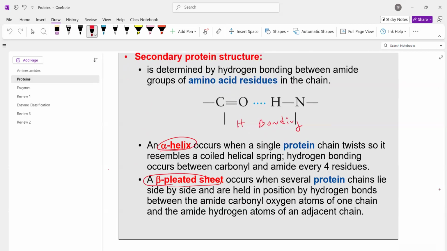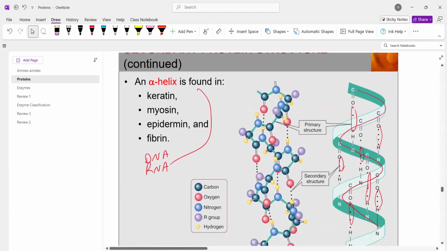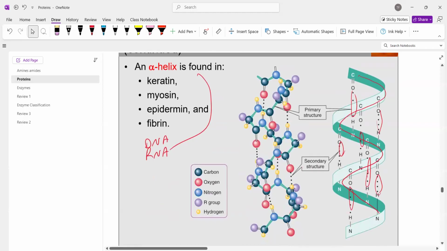And depending on whether the R groups have hydrogen bonding going on, covalent bonding, dipole-dipole, these are all ways that the helix is formed.